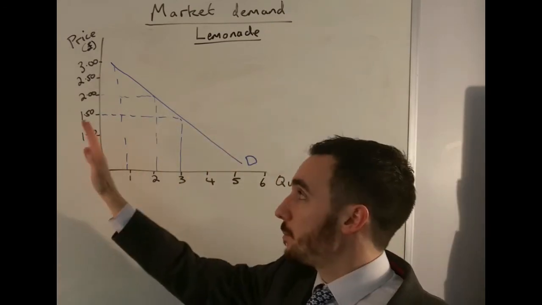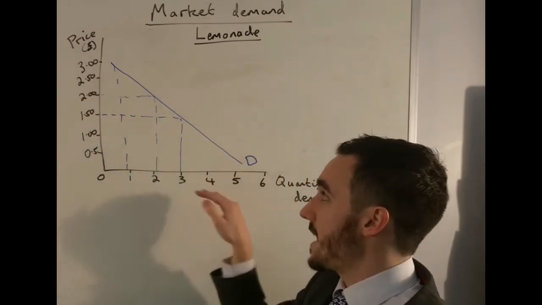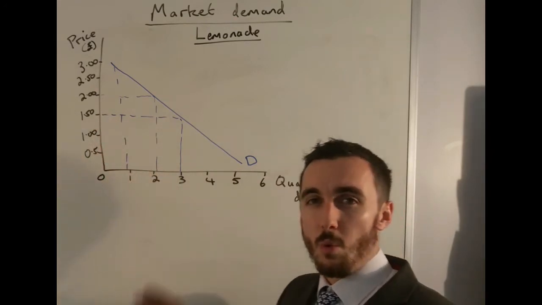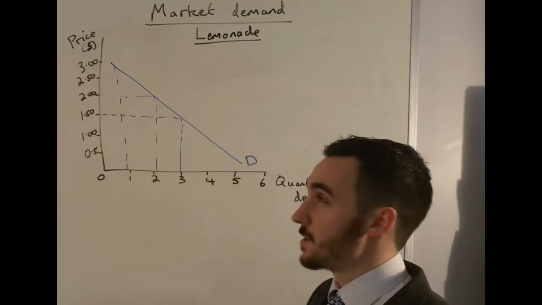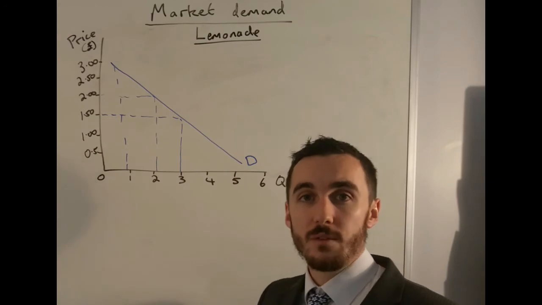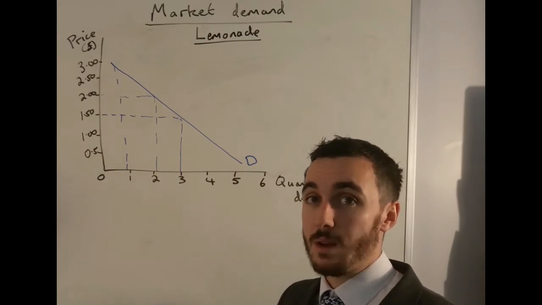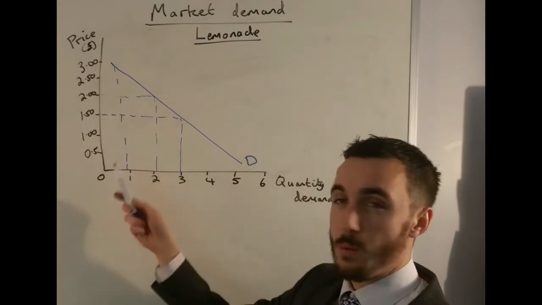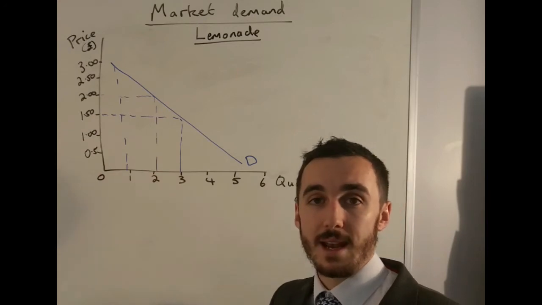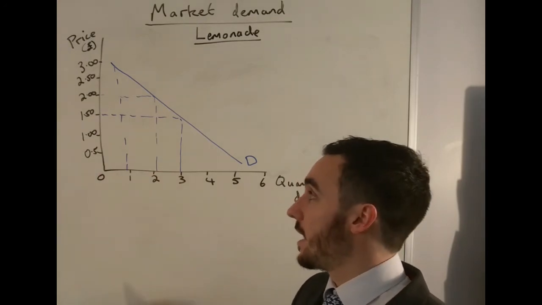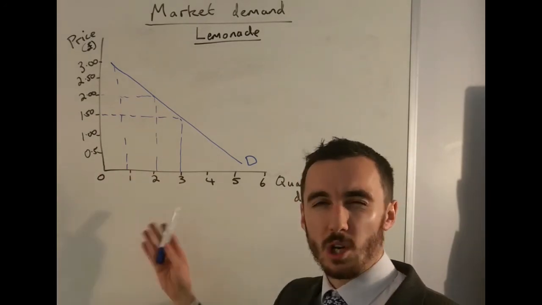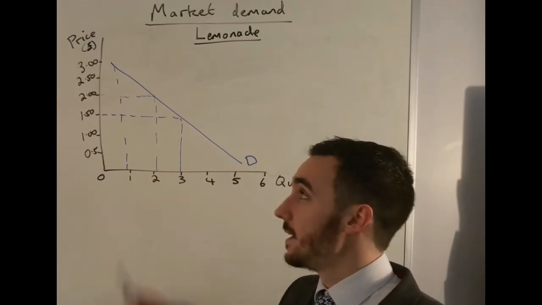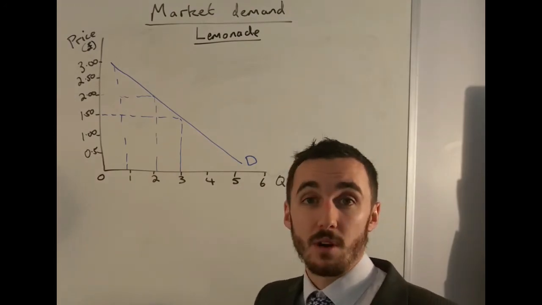And you can plot and see at every price level what the market demand is for lemonade. So obviously businesses that sell lemonade can decide what price levels they put their lemonade at, and they can then also see what kind of quantity they may be able to sell if they put it at particular price levels.